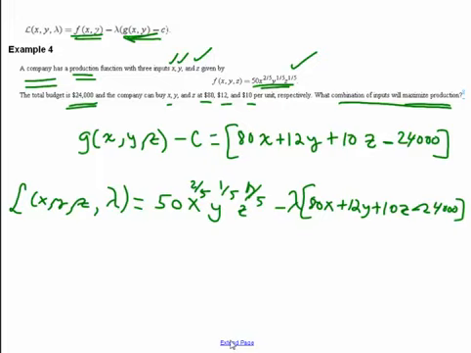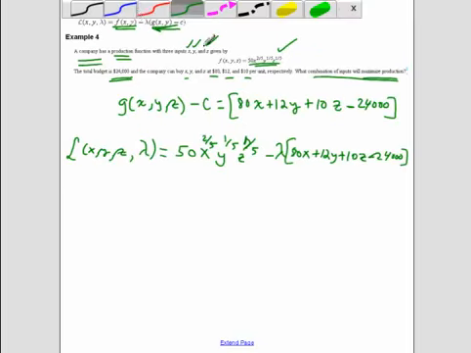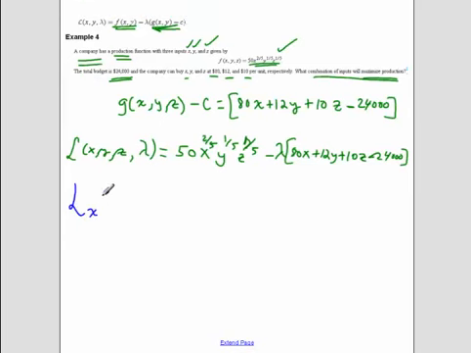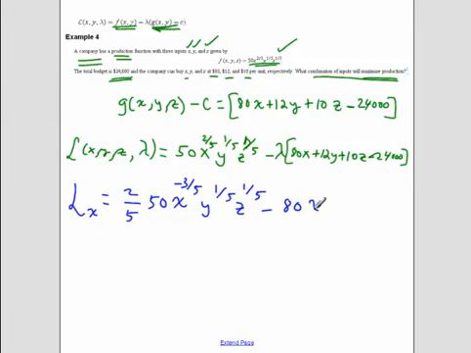Okay, so we're gonna get into some fun algebra here. So we're gonna get four equations. The first one is L partial x, which is the following. So 2/5 times 50. This is my partial with respect to x, and this must be equal to 0.